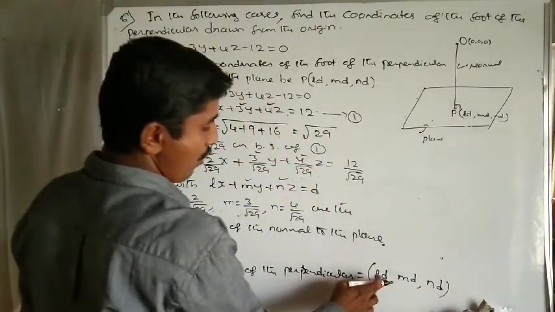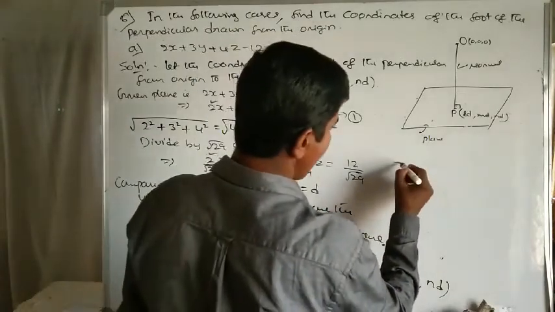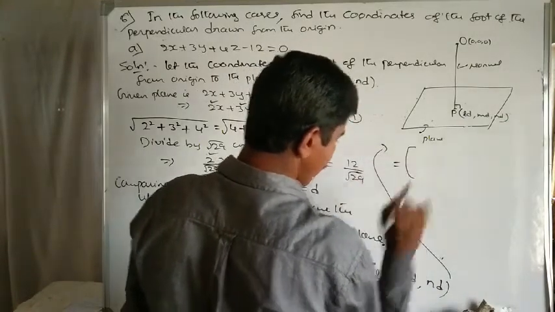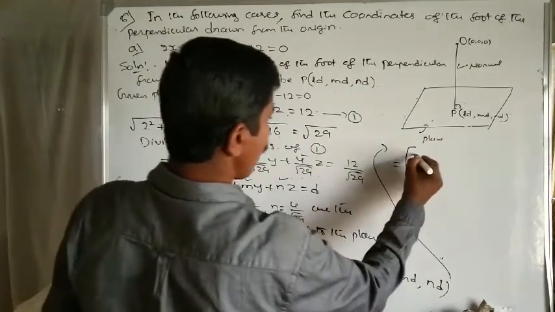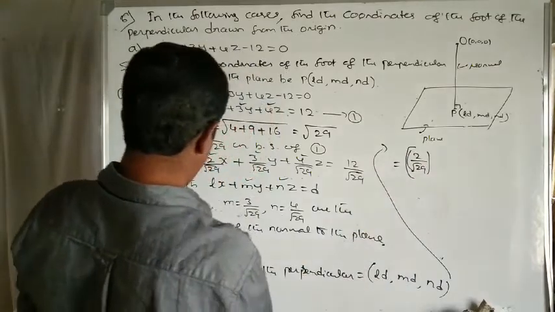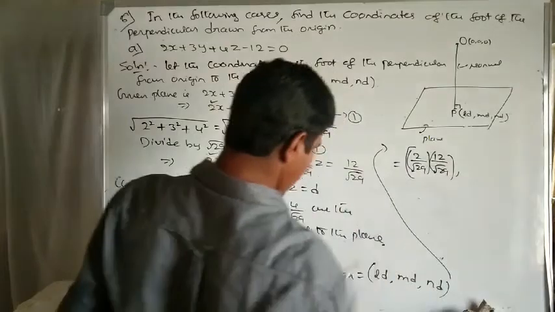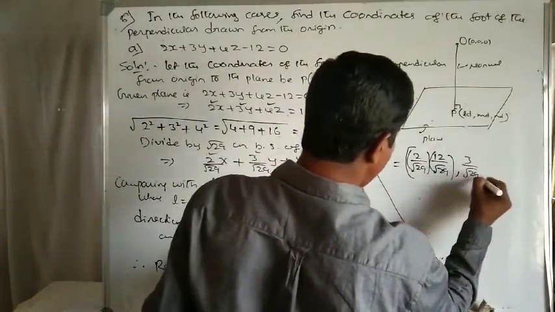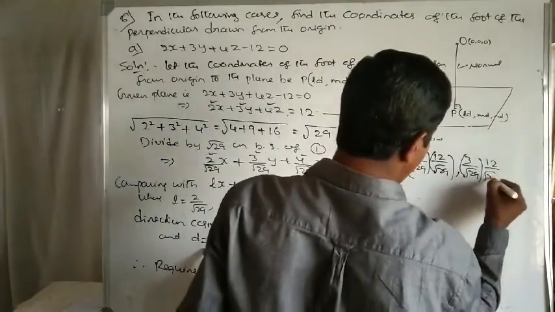Substitute the l, m, n and D values here. l into D: l value 2 by root 29, D value 12 by root 29. mD: m value 3 by root 29, D value 12 by root 29.